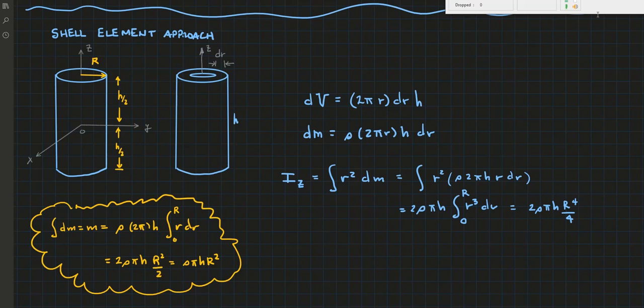Well, we look at this relationship over here, and we can see that part of this is actually the mass. So this really equals rho pi h r squared times r squared over 2, which is just equal to m r squared over 2.